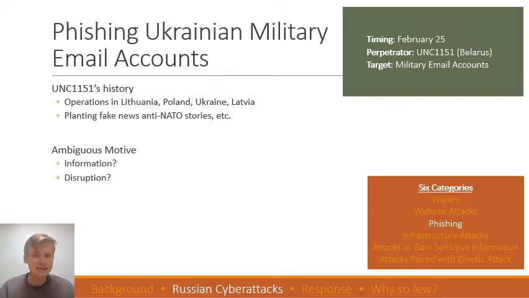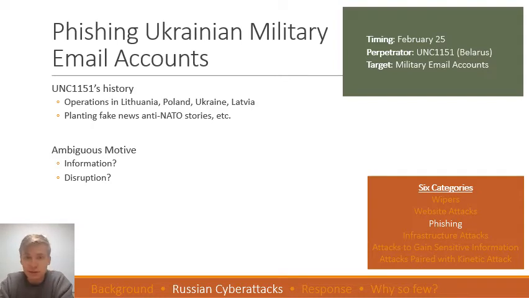What they did was send phishing emails to a bunch of Ukrainian military email accounts in an effort to get someone to log in and give up their credentials. It was not successful. It was discovered, so they didn't actually get any military credentials, and partially because of that, we don't actually know what their motive was. It could be that they were looking for espionage, right?